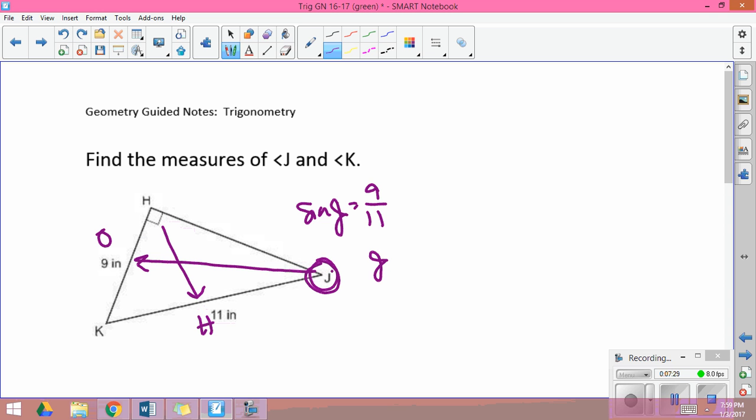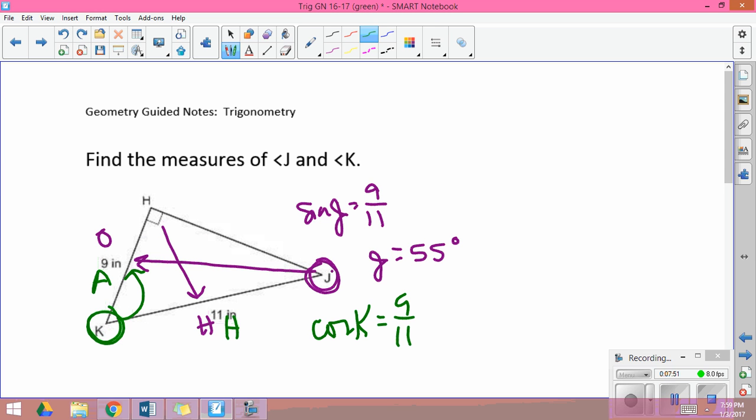When I go to my calculator and do the inverse, I find out that J is 55 degrees. Now, by simply subtracting, I know that K should be 35 degrees, but does it work out? From K, this becomes my adjacent. This is still hypotenuse, so I have the cosine of K is 9 over 11.